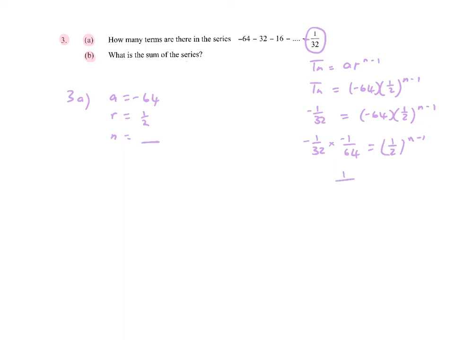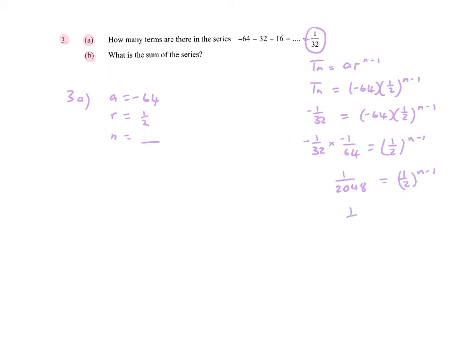You don't need to be very good with multiplication to do this, because 32 is 2 to the power of 5 and 64 is 2 to the power of 6. So 2^5 times 2^6 is 2^11, and 2^11 is 2048, double 1024. So that is equal to (1/2)^(n−1).